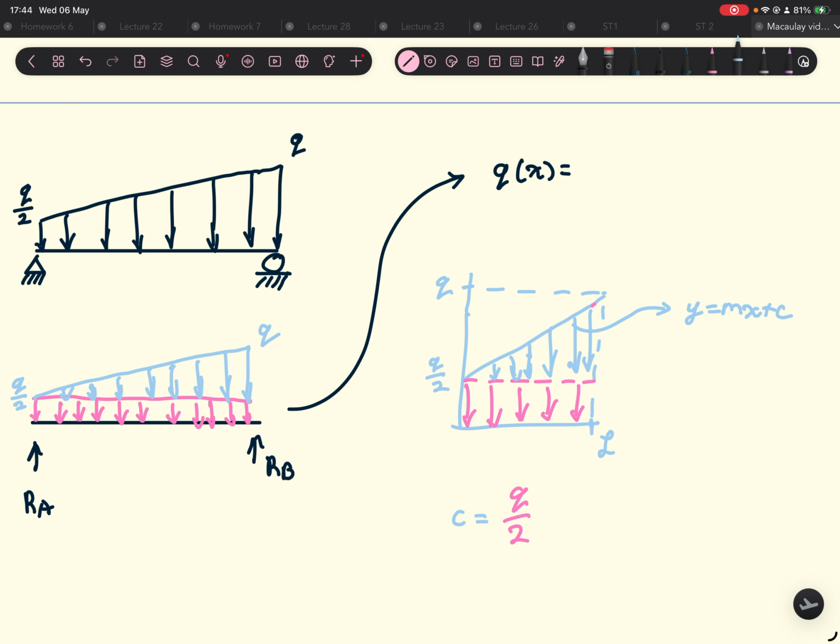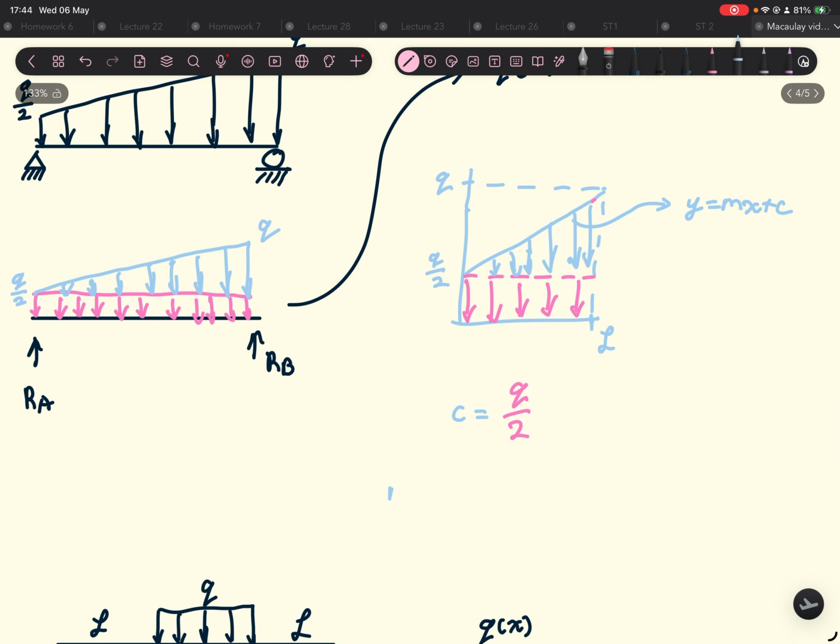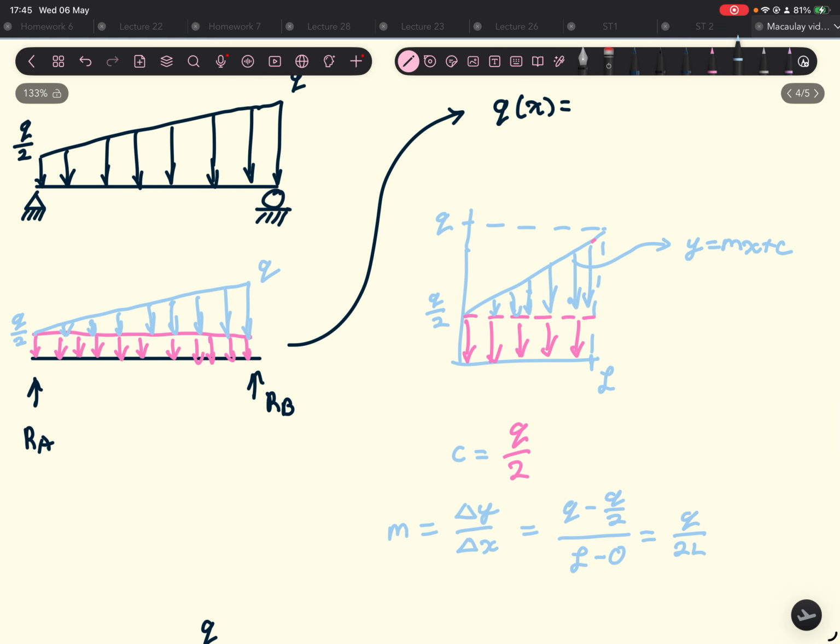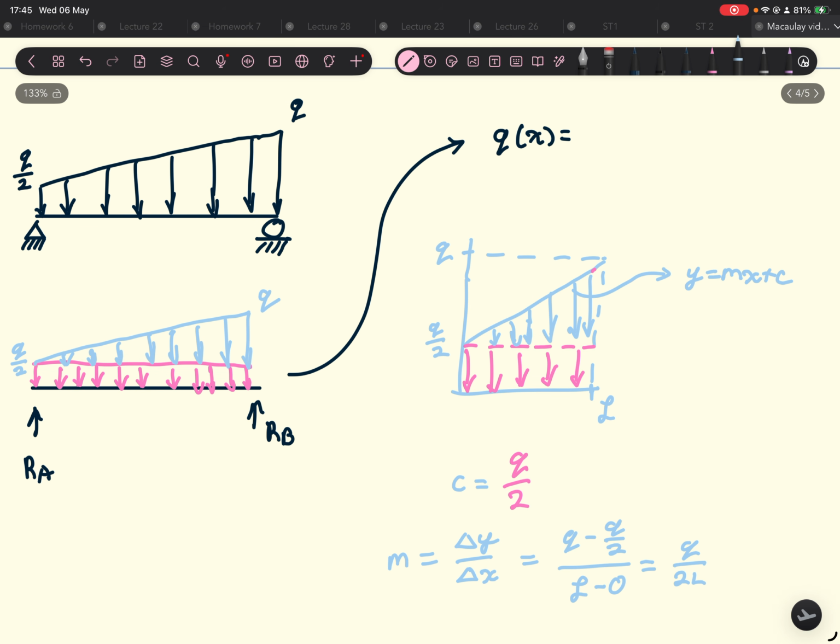We can get m by simply doing delta y over delta x, which is going to be equal to q minus q over 2 divided by L minus 0. So q minus q over 2, that distance there, divided by this distance here, right? That's going to give us q over 2L.